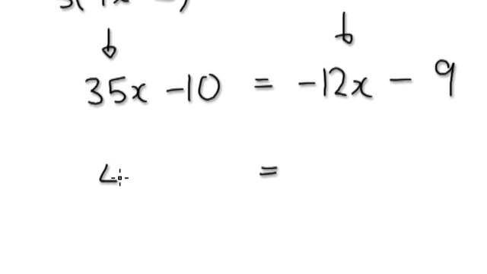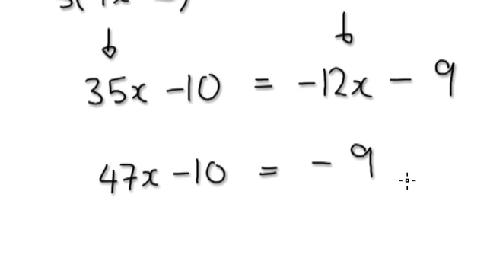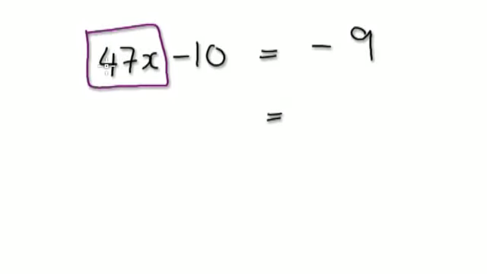So you have 47x over here, 47x minus 10. On this side you have minus 9. And now here you've got minus 10 here. Well, let's add 10 to both sides because we're trying to solve x. We're trying to get x on its own. So kill off this thing here. So add 10 to both sides.